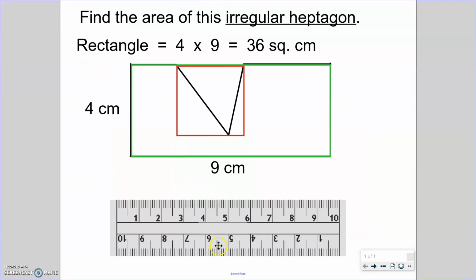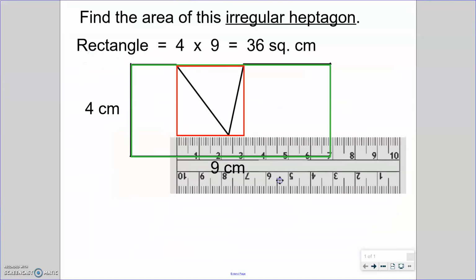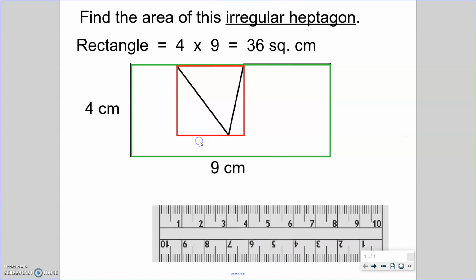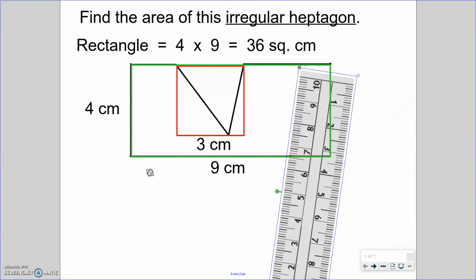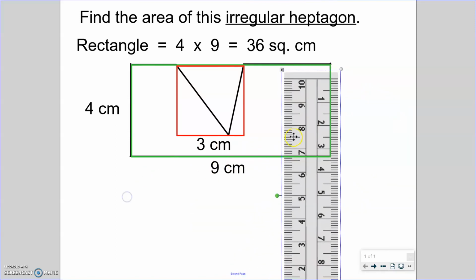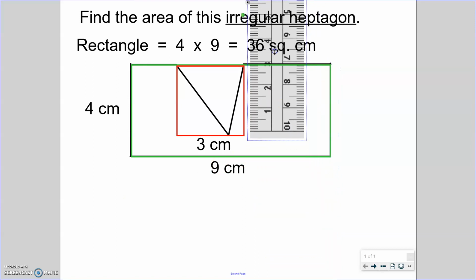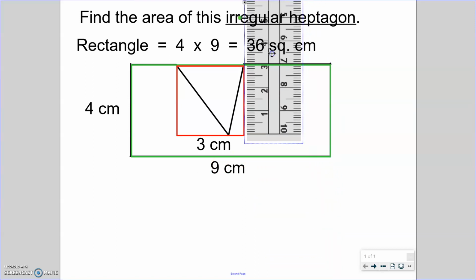For the area of this rectangle, I need to measure, and that's 3 centimeters. I'll label that. Don't get too confused by all my measurements. And then let's measure this other one over here. If we look, that's also 3 centimeters.